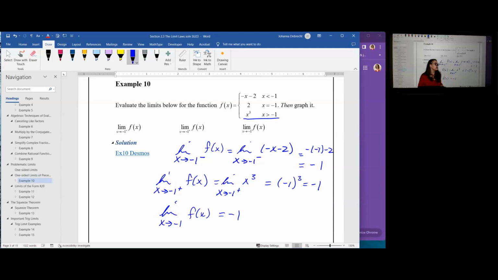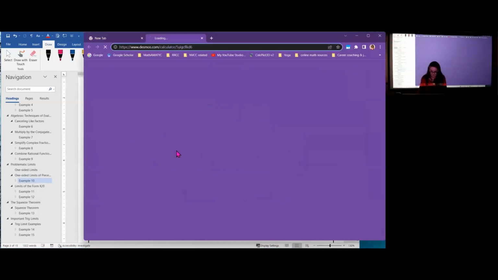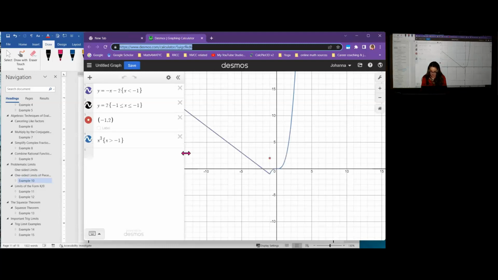In fact, this graph hits the value of 2 when x is -1. Let's take a look at this graph so that you can see and understand what happened. Here's a graph of the function on Desmos.